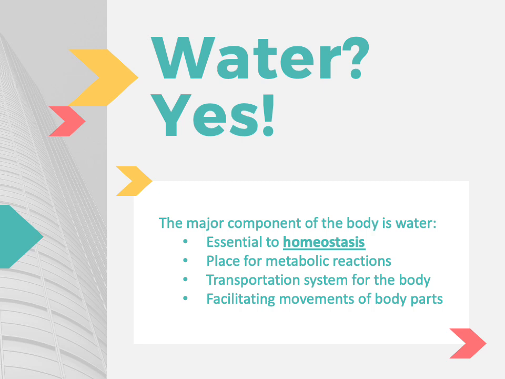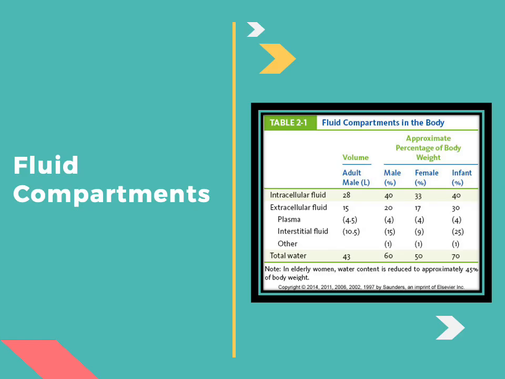So, water holds a very important role in our body, and it's important to understand that when our water balance is knocked off, then we see alterations as a result. Here, I really like this chart from your book because it explains the different compartments within the body.